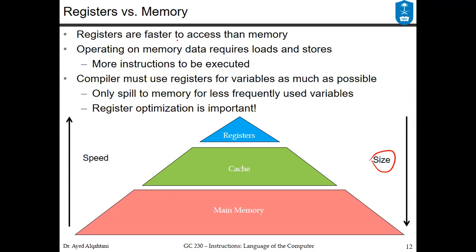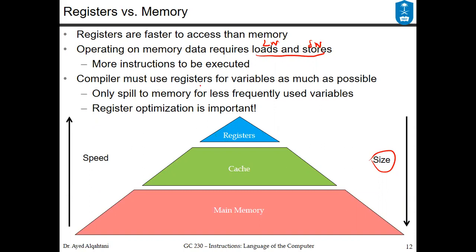So the registers are faster to access than the memory. Operating on memory data requires loads and stores. And we discussed the load word and the store word. More instructions to be executed. And we will talk more about the loads and the stores in the coming slides.